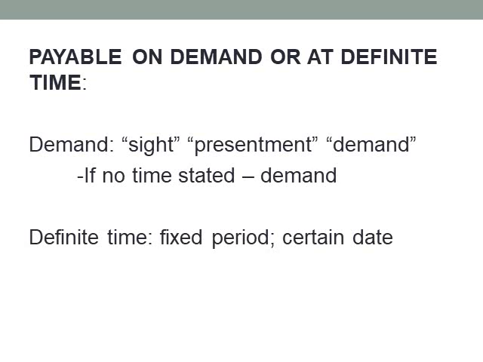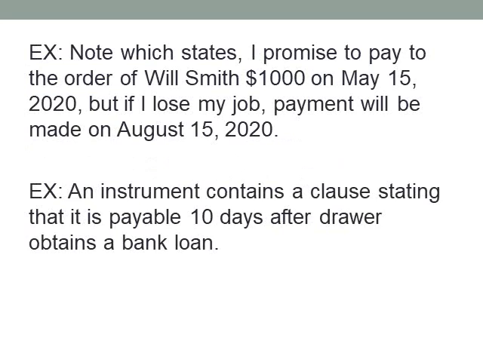It's payable on April 20th, 2019 with the option of the person who is holding it asking for the extension. So for example, a note that states I promise to pay to the order of Will Smith $1,000 on May 15th, 2020, but if I lose my job, payment will be made on August 15th, 2020.